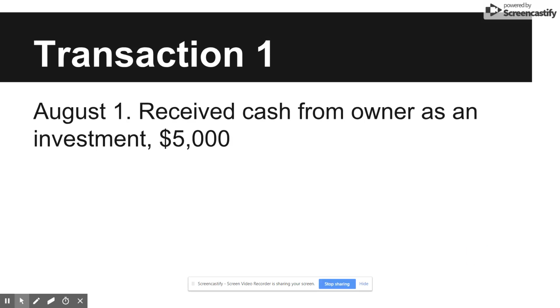So we can start with this transaction here. On August 1st, we received cash from the owner as an investment, $5,000. So we have to figure out what 2 accounts are going to be affected here, and then which one is going to be debited and which one is going to be credited. So in this case, if we are receiving cash from the owner as an investment, we know from what we did last chapter that our cash account is going to be used and will increase, and then our capital account is also going to be used and increase.